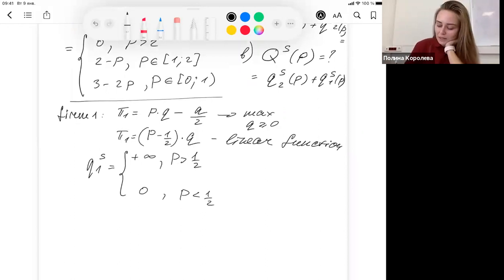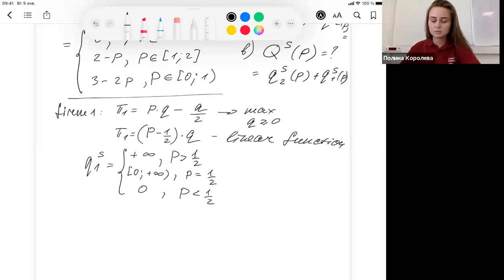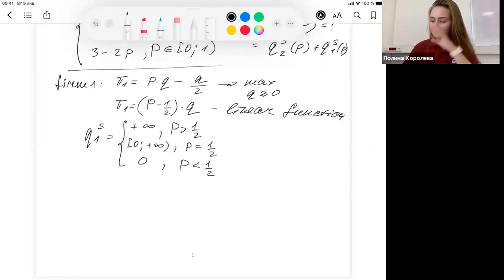Yes. And last, if price equal to 1/2, our profit equals to 0. And we do not care how much to produce. Profit will be constant, it will be 0. So we can choose any amount from 0 to infinity. So this is the supply of the first firm. Next.